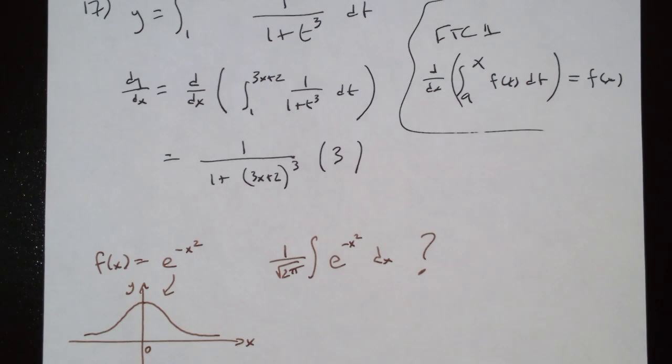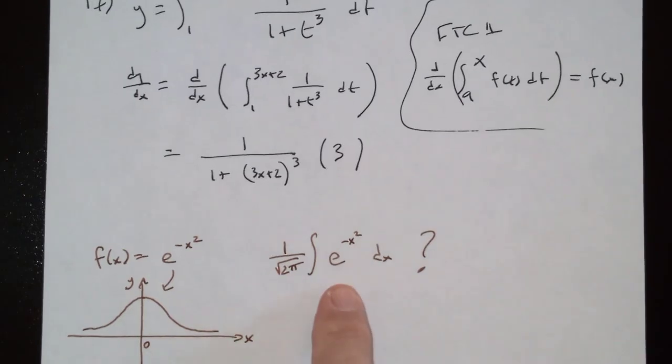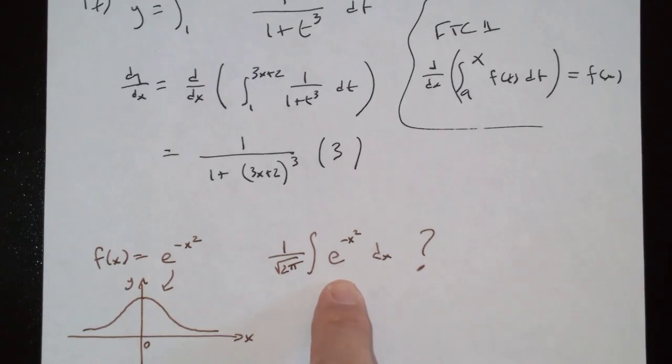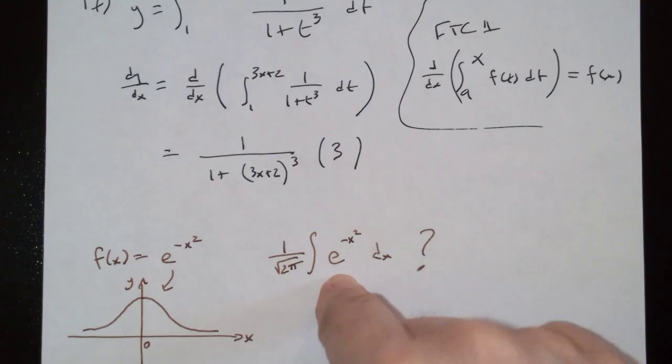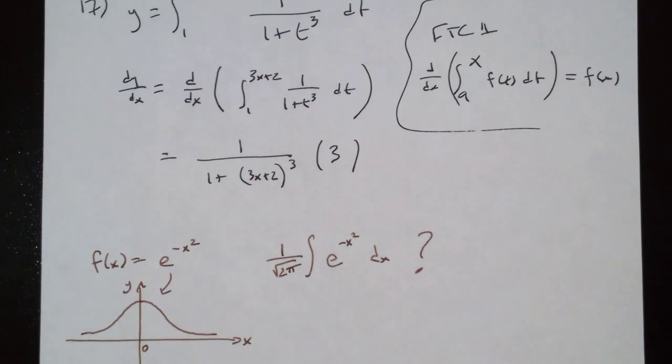One of the things we want a lot is the area under this curve. But I don't know how to do this at all. None of the tricks we have learned so far help me find the antiderivative for this. It turns out that our fundamental theorem of calculus has a major drawback.